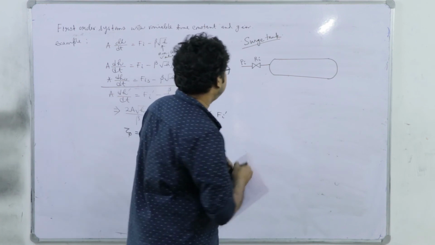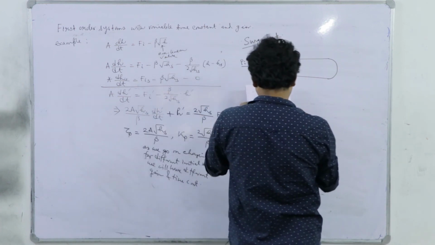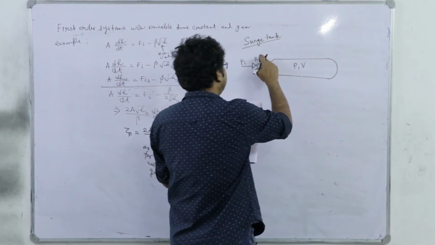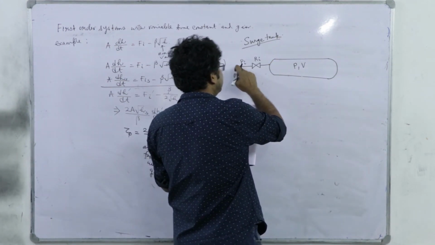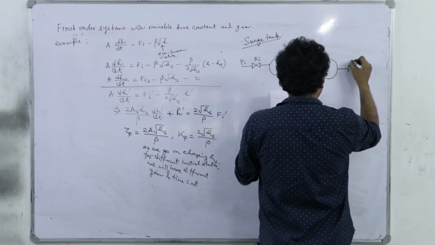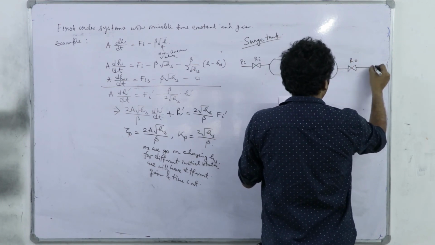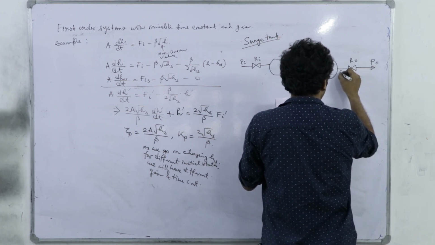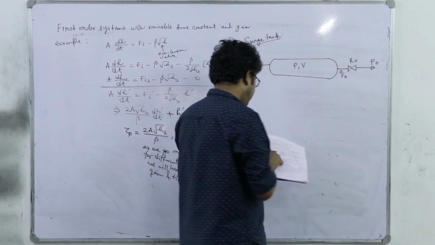this process line. So let's have a surge tank where the pressure is P, volume is V, the inlet valve is a linear valve Ri, upstream pressure is Pi, and we have Ro, downstream pressure is Po, and here it is Qo, right.